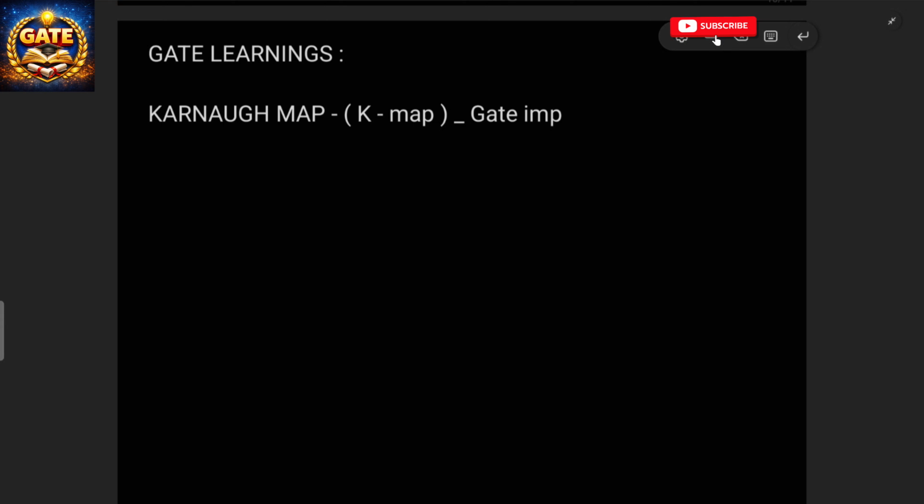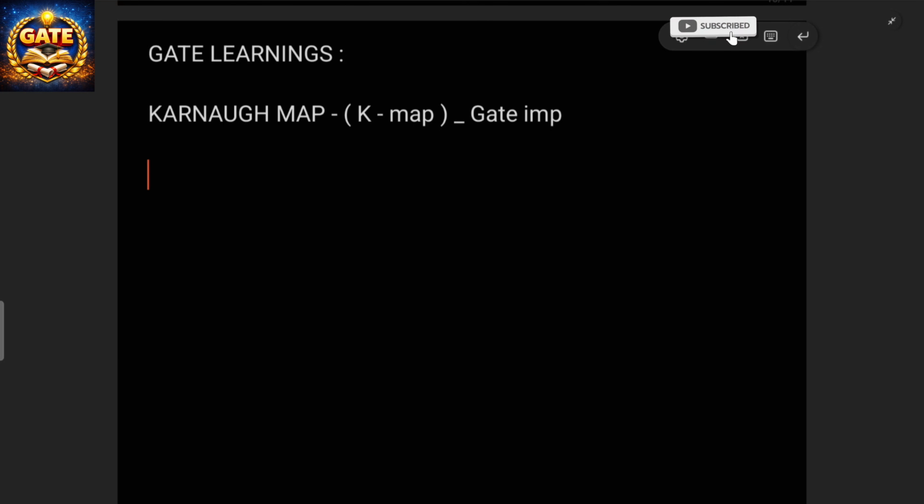So K Map is a graphical representation. The purpose of this K Map is to solve Boolean expressions so that when we implement the expression using logical gates, it can be reduced.